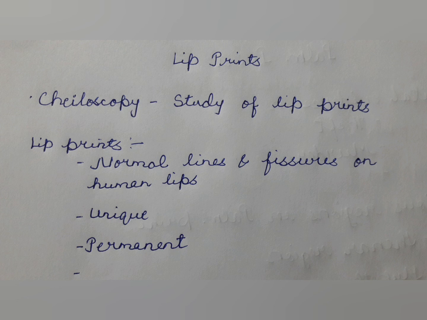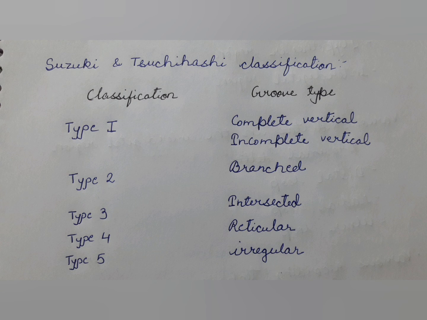He classified the patterns into 5 types: type 1, type 2, type 3, type 4 and type 5. The complete vertical, meaning the straight line, is kept under type 1. The branched pattern, like the branch of a tree, is kept in type 2.